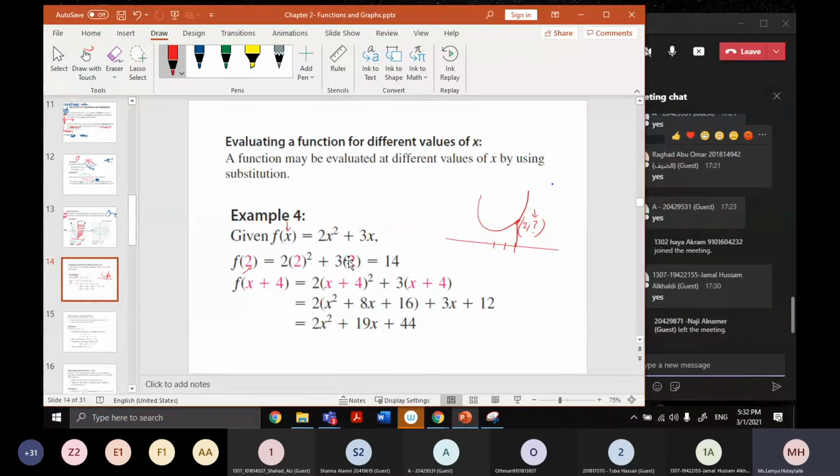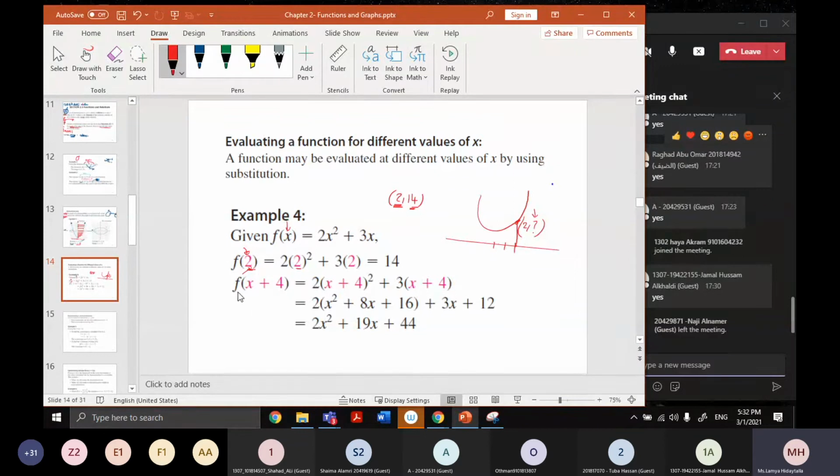So f of 2 is equal to what? Is equal to 14. That is the point when x is 2, y is 14. الإيمج حقت 2 it is 14. Clear? يبقى we can evaluate the function at different points by substituting in the x value.